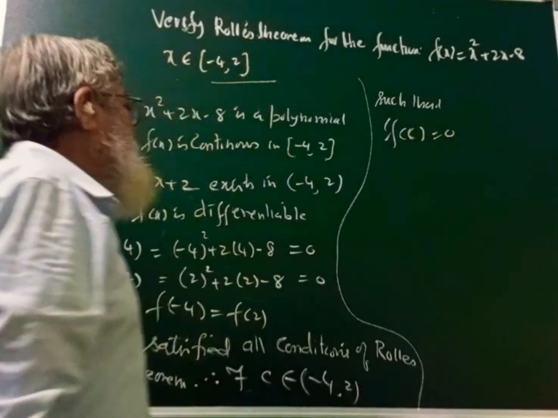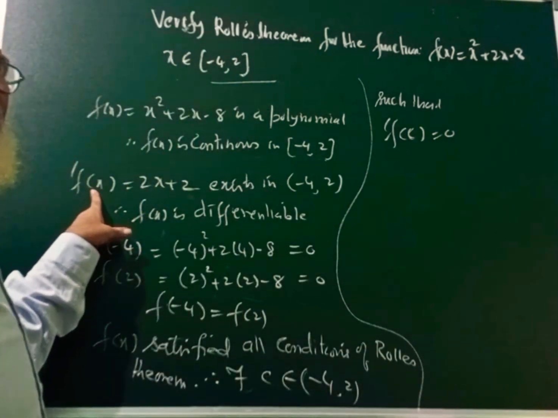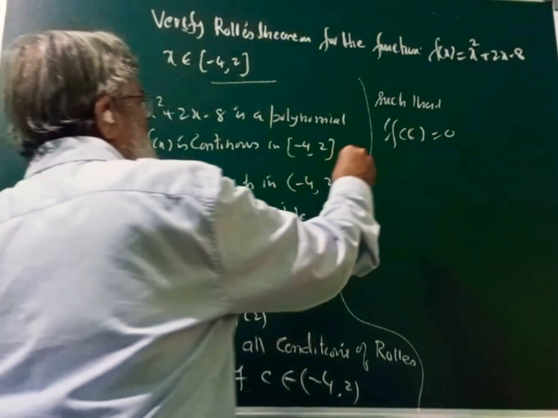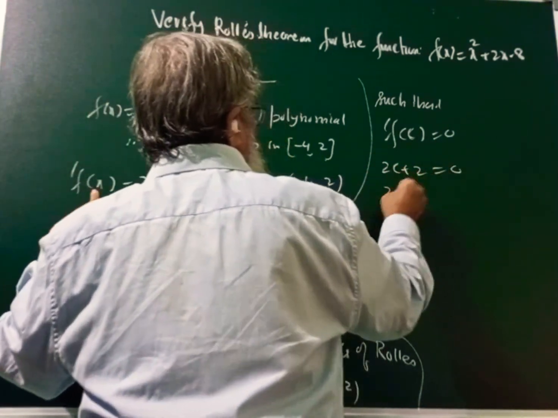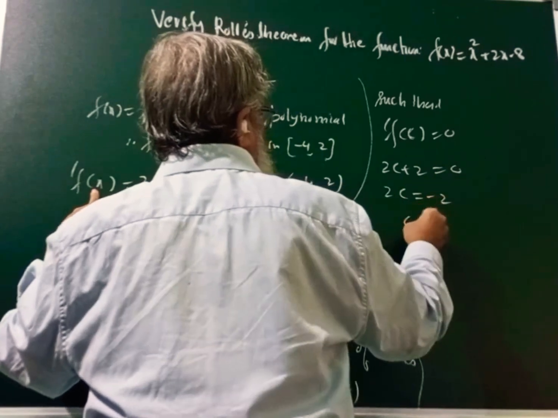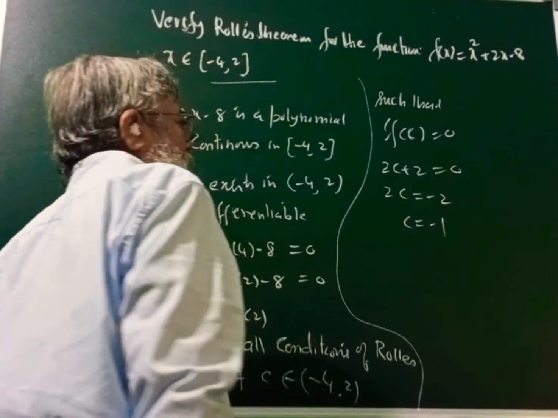So how to find f dash c? Here we have f dash x. Just put x is equal to c. That is 2c plus 2 is equal to 0. 2c is equal to minus 2, c is equal to minus 1.